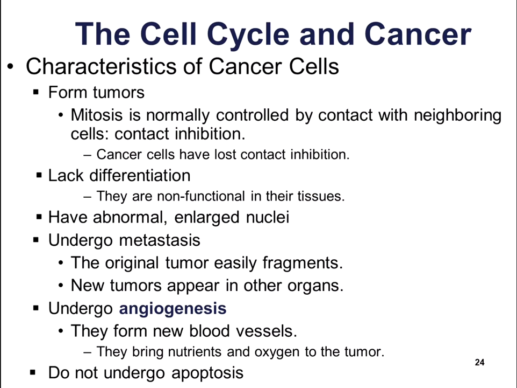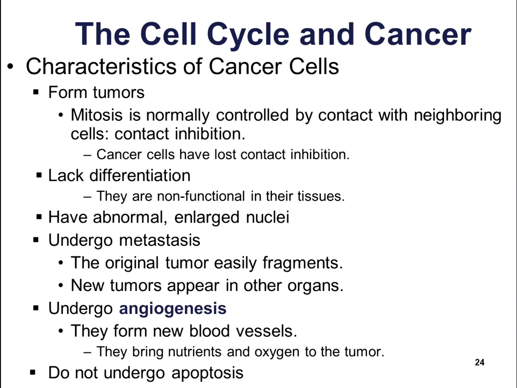So mitosis is normally controlled by contact with neighboring cells, what we call contact inhibition. Cancer cells have lost that. And like we said, they've lost differentiation. So they are non-functional in their tissues.